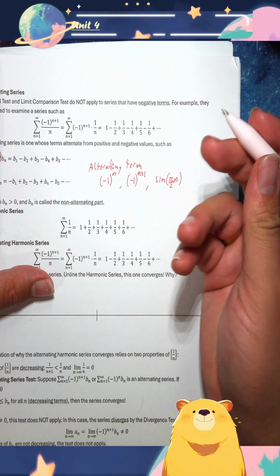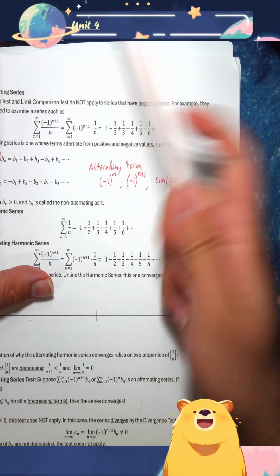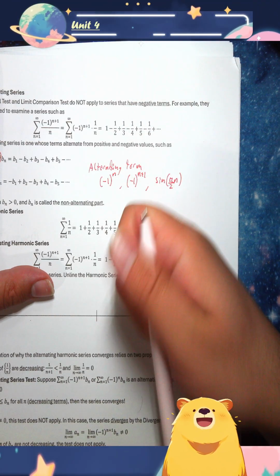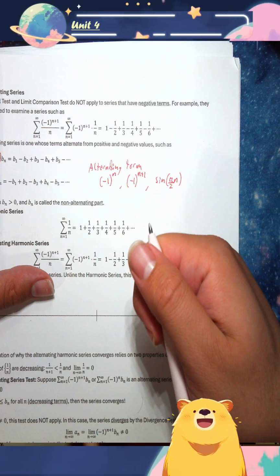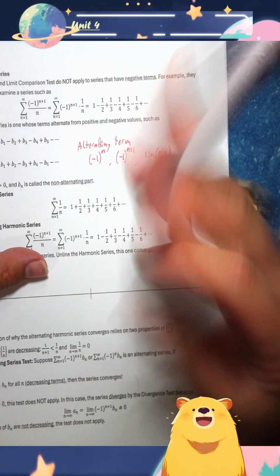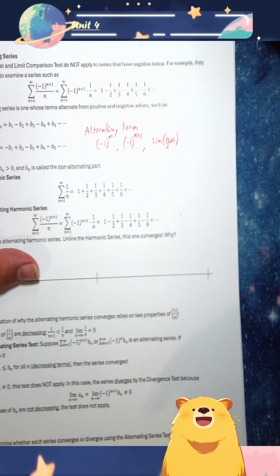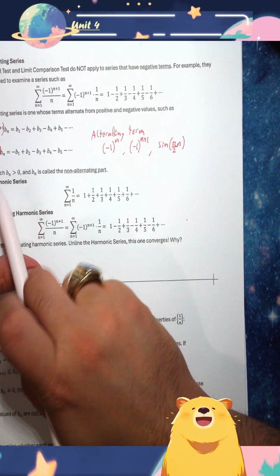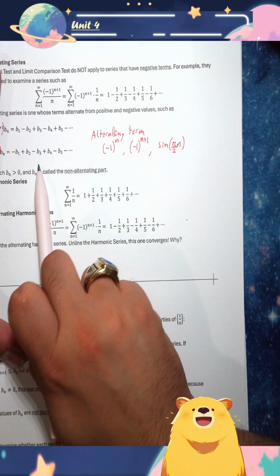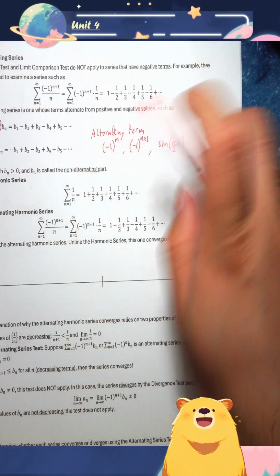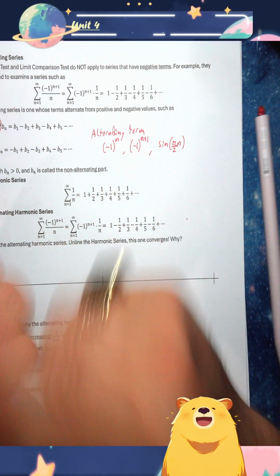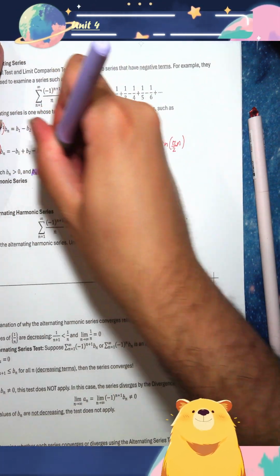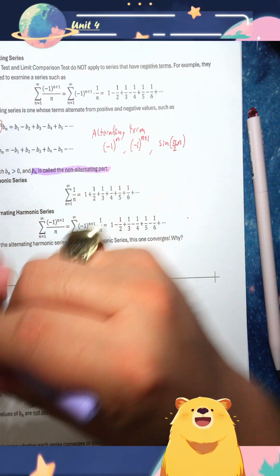There you go, 1/2. So we go 1/2 to 1, and another 1/2 to -1, and 1/2 to 1, and 1/2 to -1, etc. So stuff like these. Oh, and then where each bn is positive, and we call that the non-alternating part. So that's the alternating term, or I guess part. This is the non-alternating part.